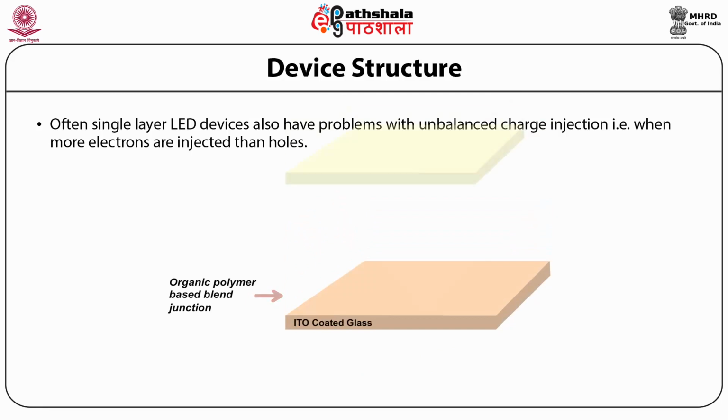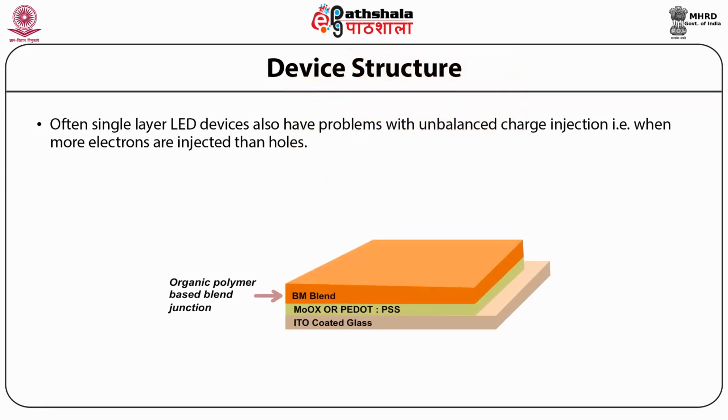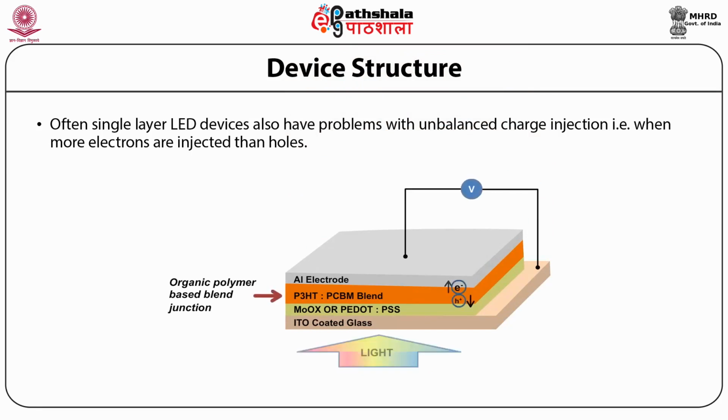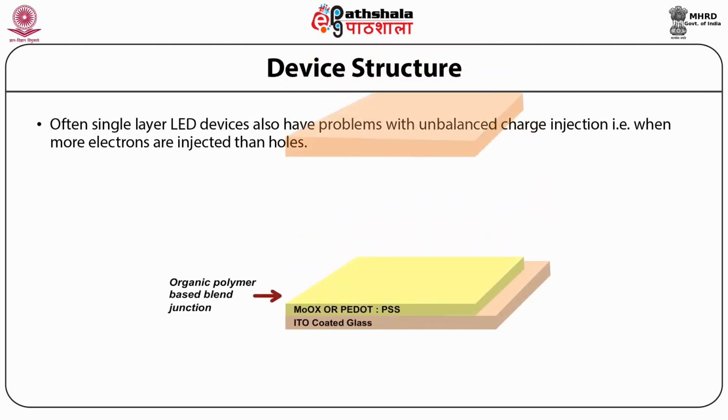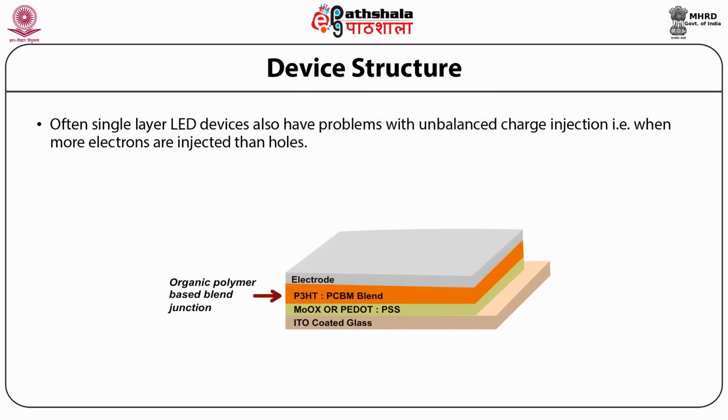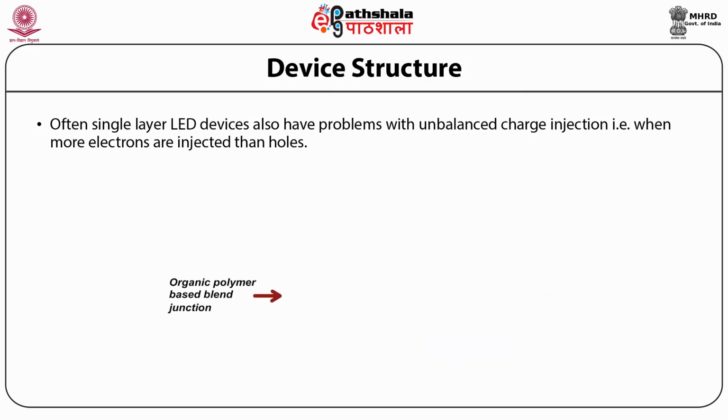So in this case, we are using the ITO coated glass, from where the light is allowed to fall upon the active layer. Excitons, which are formed upon the absorption of photons, are dissociated into the free electron-hole pair and are then transported to their respective electrodes by hopping mechanism.